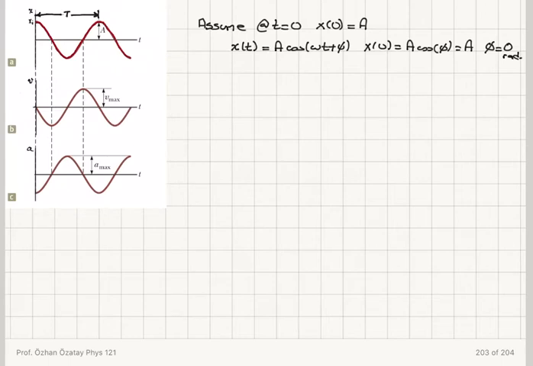The amplitude of the oscillation is A. The time it takes to go from the initial position, amplitude, to the next maximum position, amplitude, is going to be one period. So it's an oscillation between plus A and minus A.